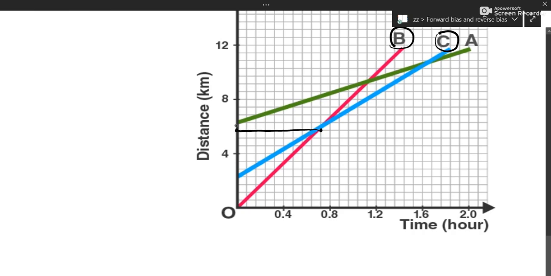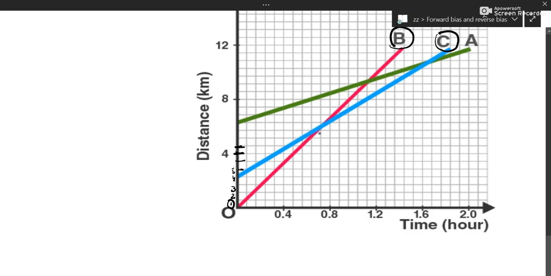So how much is it? 1 block is 4 by 7. 1, 2, 3, 4, 5, 6, 7, 8, 9, 10. 10. And if you feel that they are intersecting here, then you can take this also. It is okay.